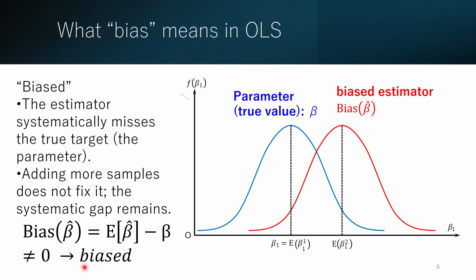Formally, bias can be written like this: E of beta hat minus beta not equal to 0, then this estimator is biased. Common causes are omitted variables, reverse causality, measurement error, and so on.